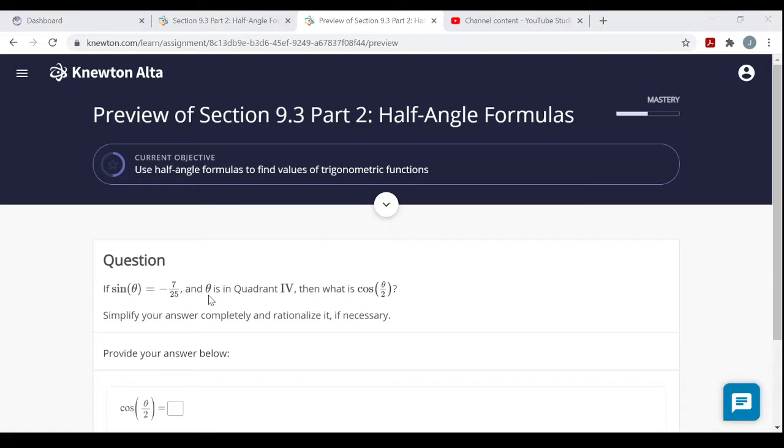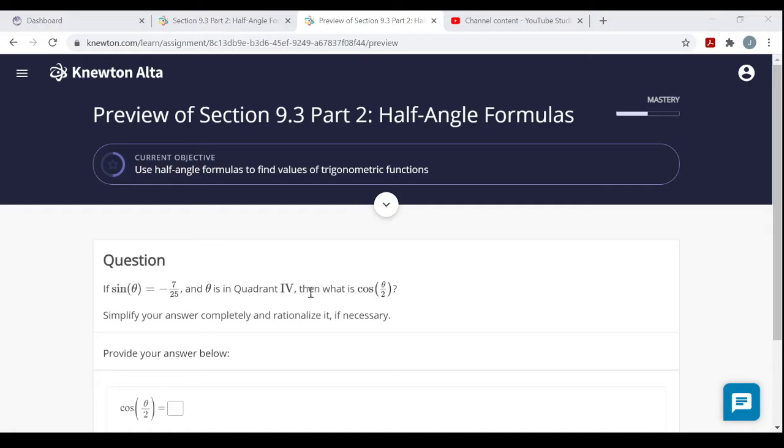I'll use the smallest positive angle that ends in quadrant 4, because if you used a negative angle, it would give me the opposite result when we go to choose whether we're using the positive square root or the negative square root.